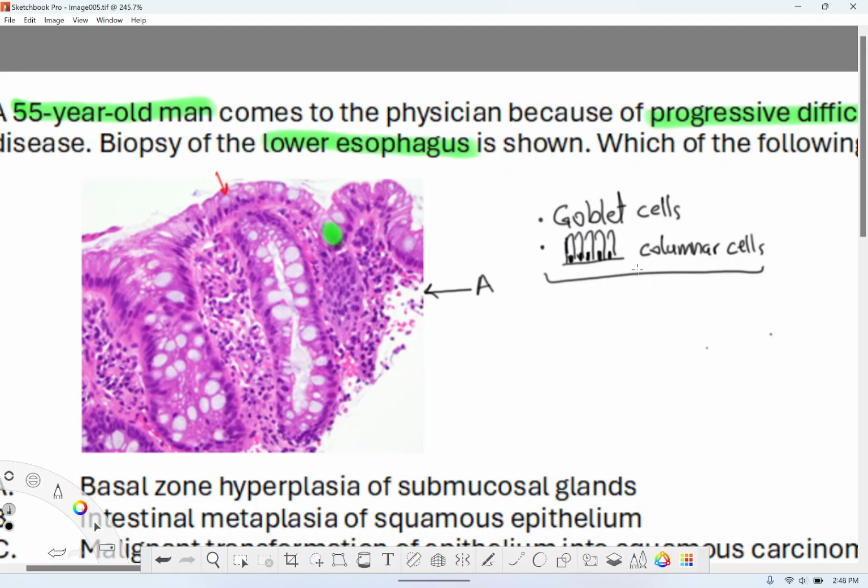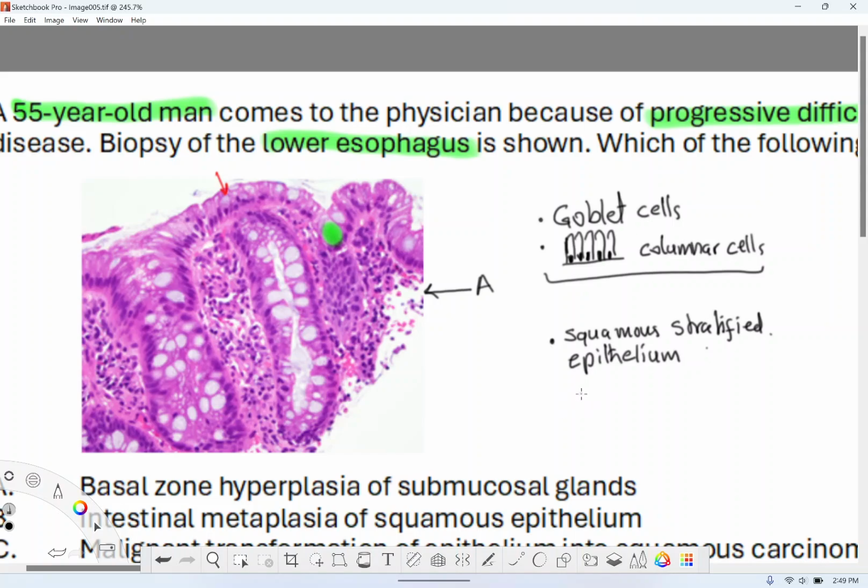The epithelium of the esophagus is naturally made of flat cells, stratified, which means multiple layers. So the esophageal epithelium is stratified squamous epithelium. You should know that because it's very helpful.